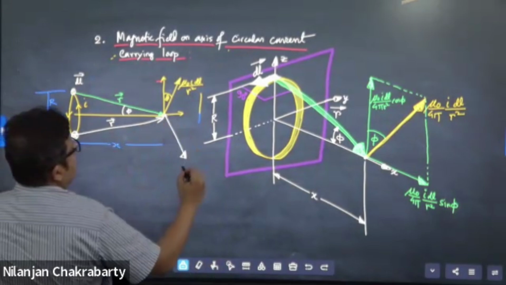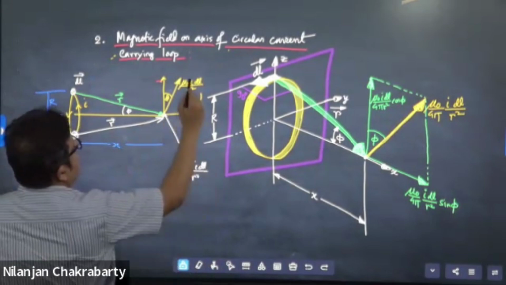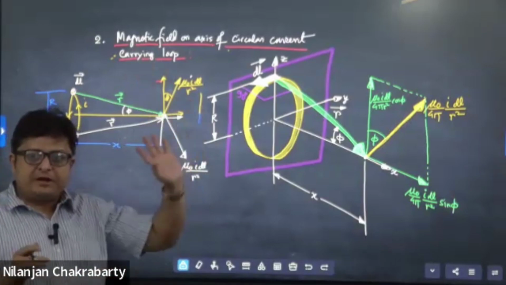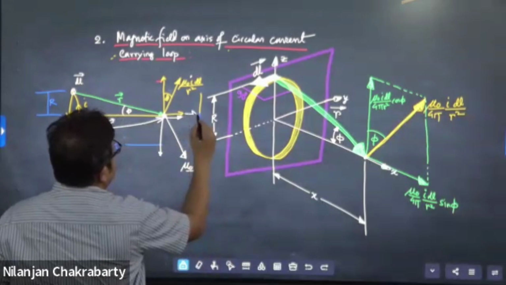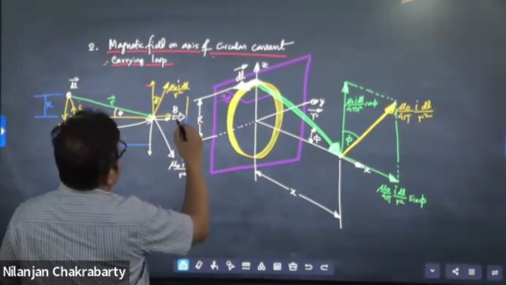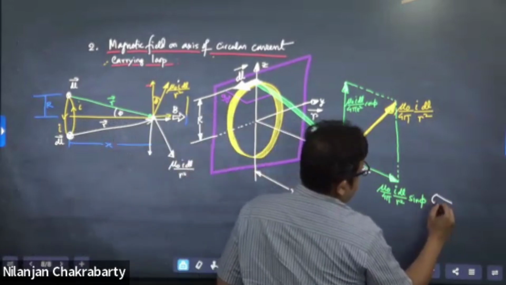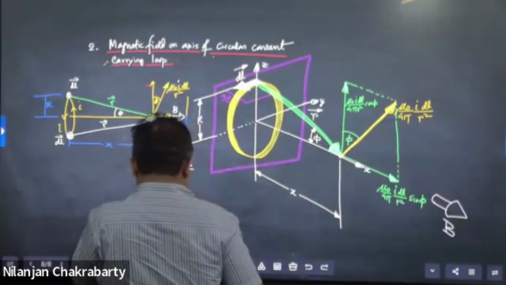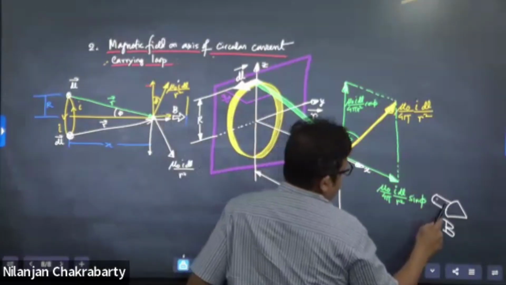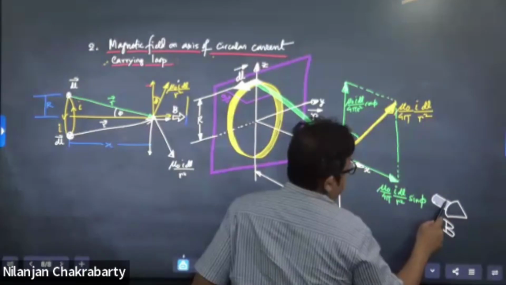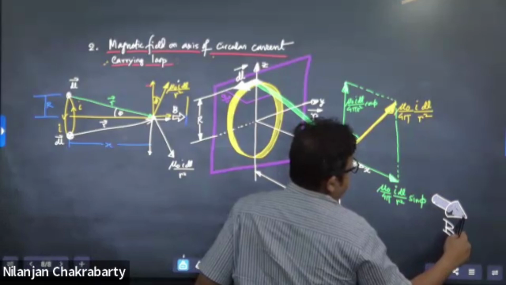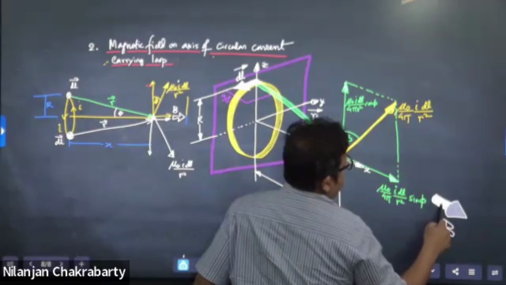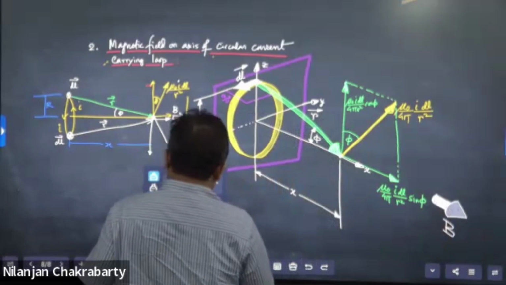So all these components will cancel and this one will remain. So the magnetic field will be along this direction, in the diagram I am drawing. So this is the direction of magnetic field.